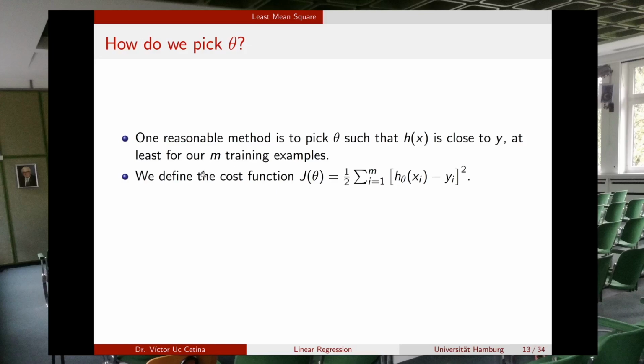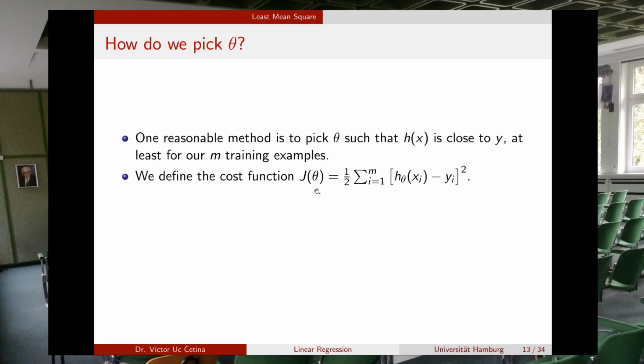So first we need to define a cost function or an error function, so it would allow us, given some model, to measure how good or how bad this model is. So how close or how far away from the points this model passes by.